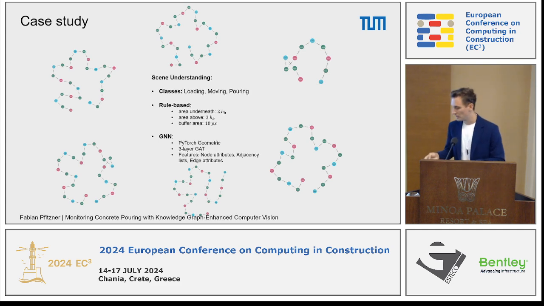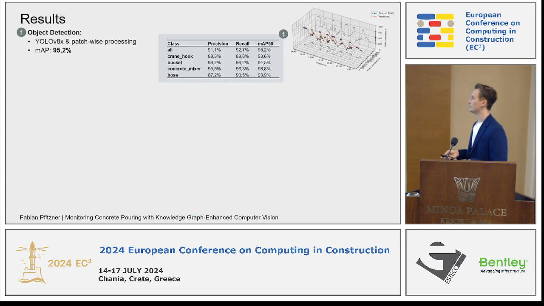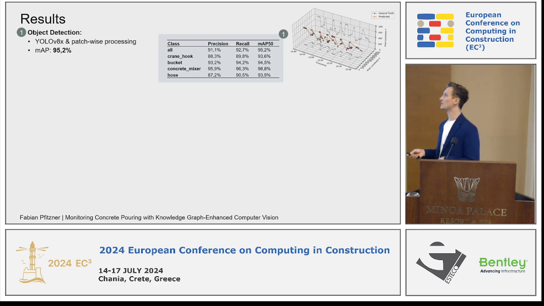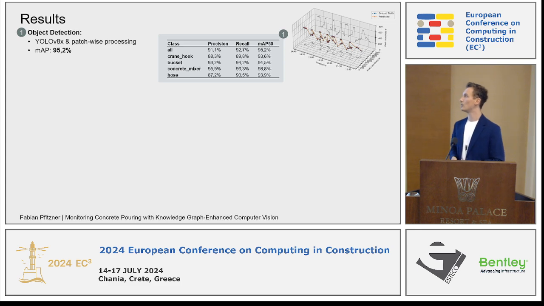Okay, now I want to jump into some results of our approach. So first of all, the object detection approach. These state-of-the-art models like YOLO V8 are very capable of precisely learning specific industry-related problems. So we got quite some good accuracy here, also across all classes, when training these models with enough data.